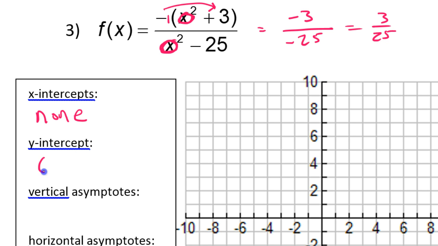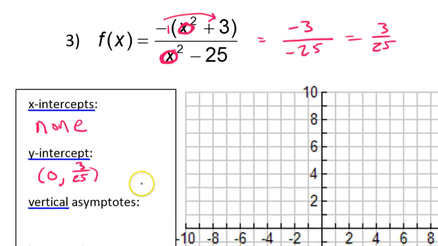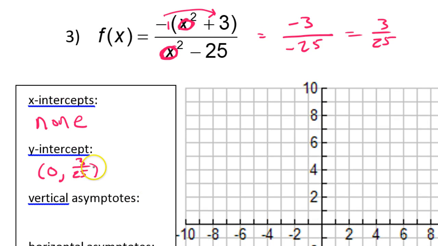So my y-intercept is going to be (0, 3/25). Okay, that's a really small number, so when I graph that later, it's going to basically appear to be almost (0, 0), but it's actually a tiny bit above that.